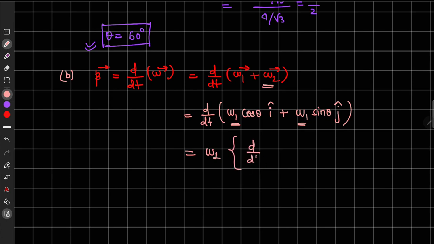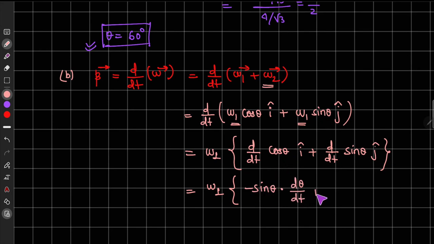So we can write d by dt of cos theta i cap plus d by dt of sin theta k cap. The differentiation of cos theta with respect to time we can write as minus sin theta, and the derivative of theta is d theta by dt, i cap, plus the derivative of sin theta is cos theta into the derivative of theta, d theta by dt. We are applying the chain rule.